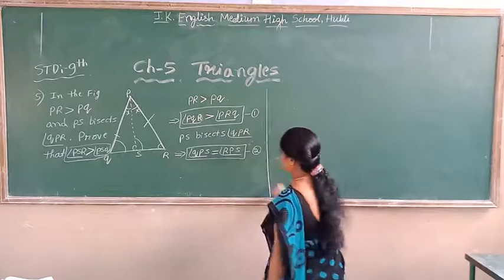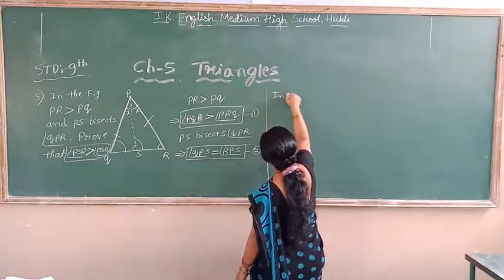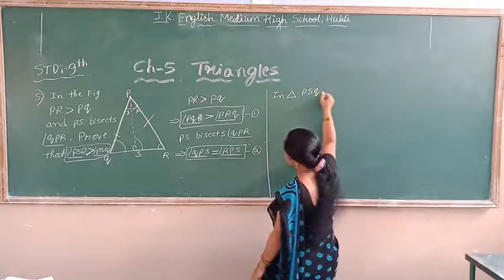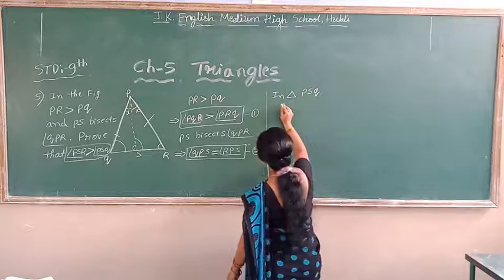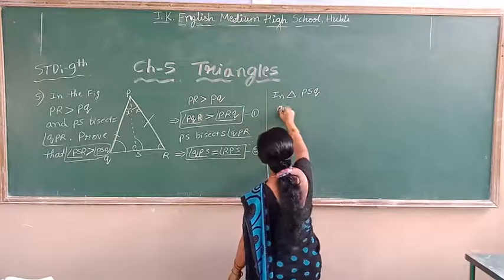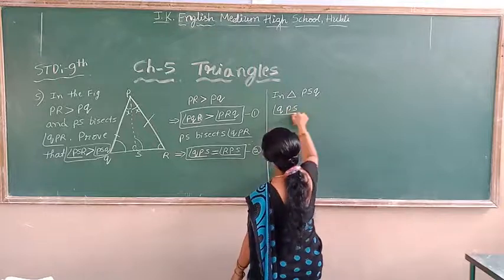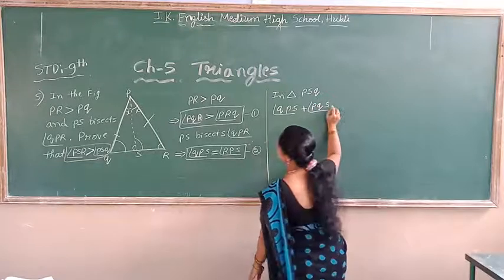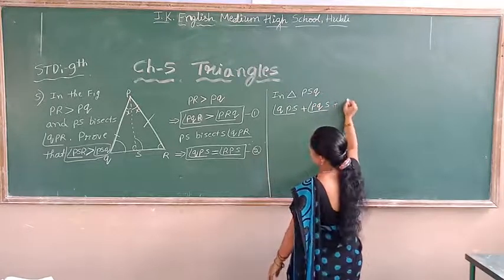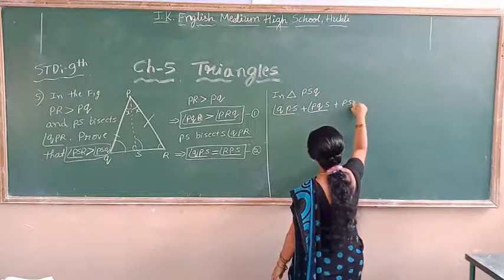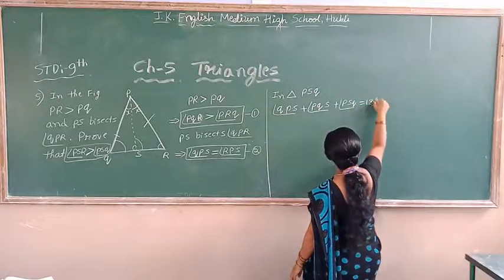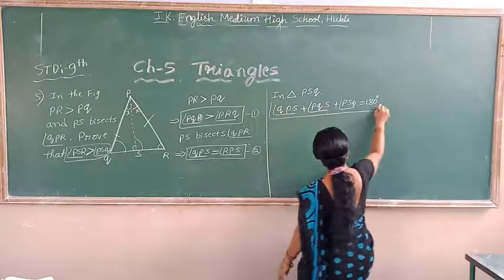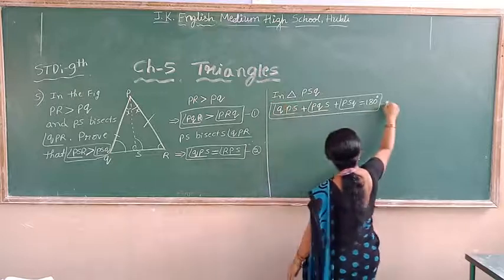So for that, in triangle PSQ, angle QPS plus angle PQS plus angle PSQ is equal to 180 degrees. We call this equation number 3.